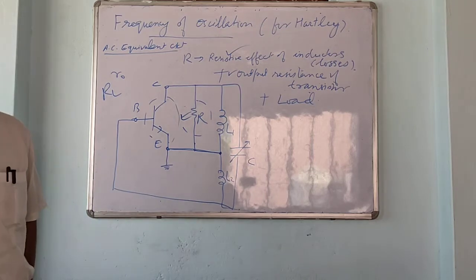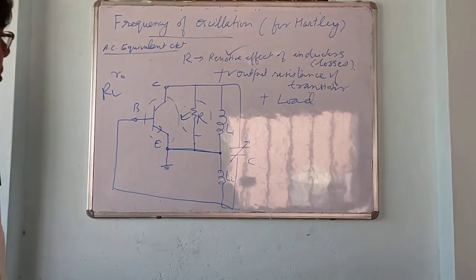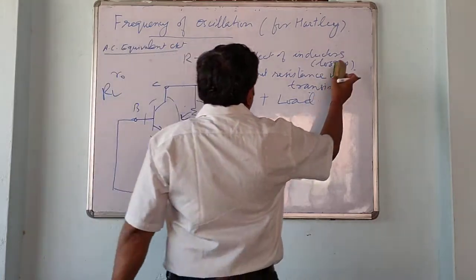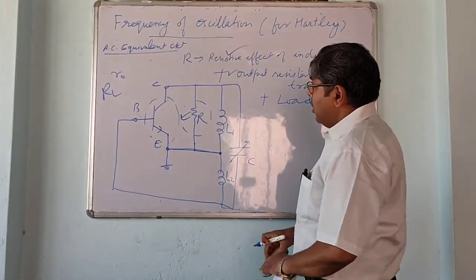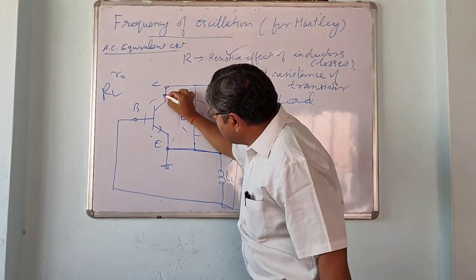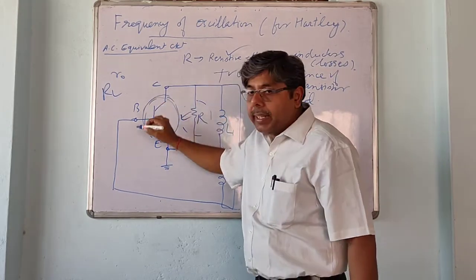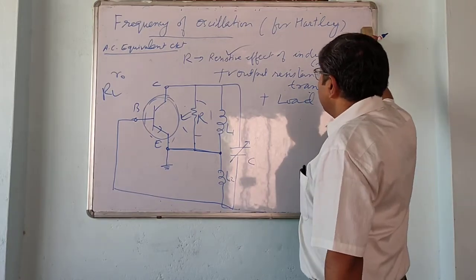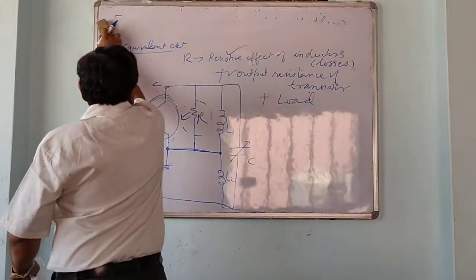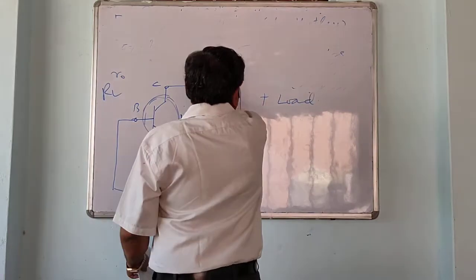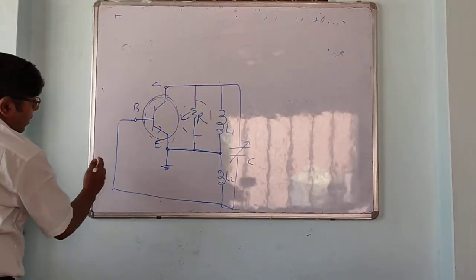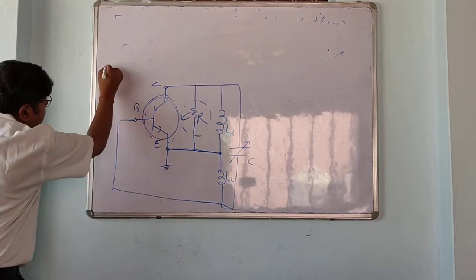Now from this circuit we will derive the frequency of oscillation. One more equivalent circuit is required here. We will replace this transistor by its hybrid pi model, and from that circuit we will find the frequency. This is the AC equivalent.